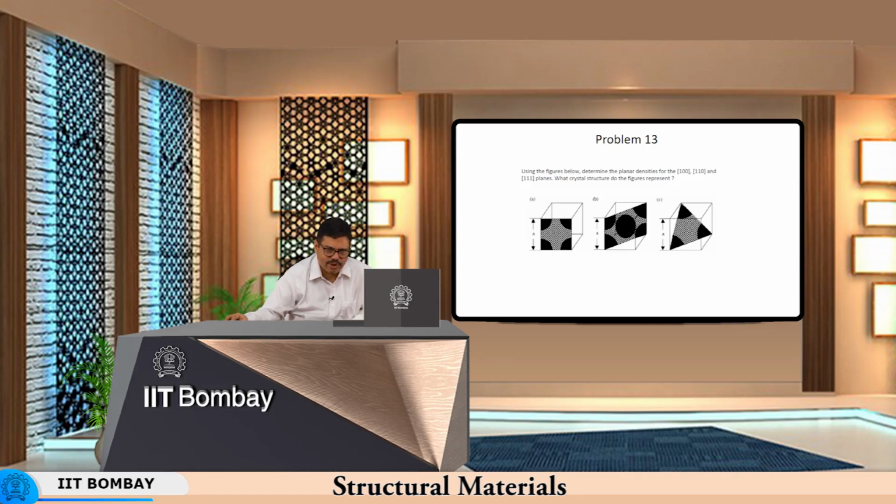For example, in a face centered cubic, you would have had an extra atom here, here, similarly here. So, you would have had 3 more atoms, and they would have been 50%. So, the atomic packing density in the FCC structure for the same plane would have been much greater than what it is here for a body centered cubic structure.